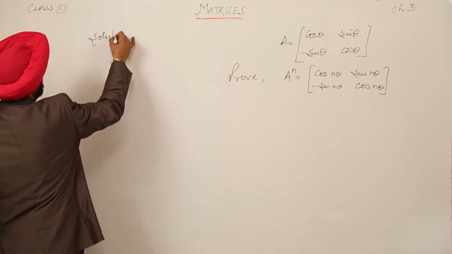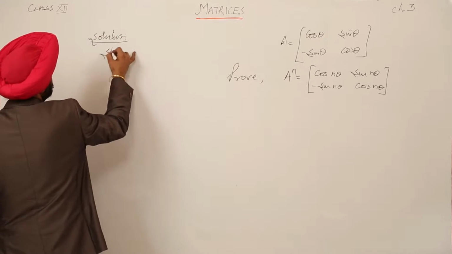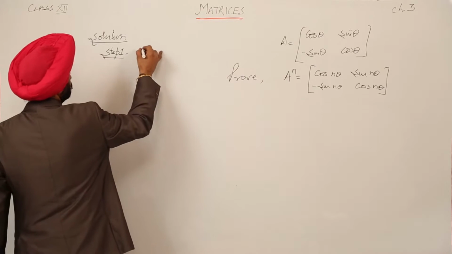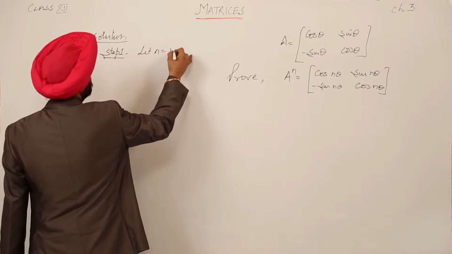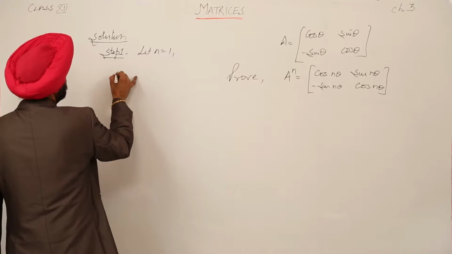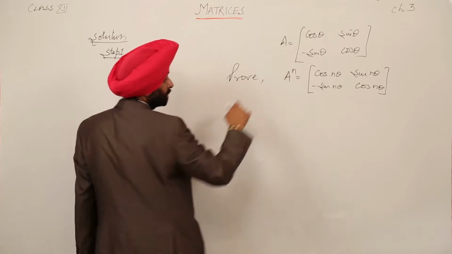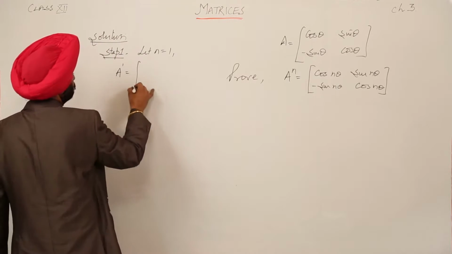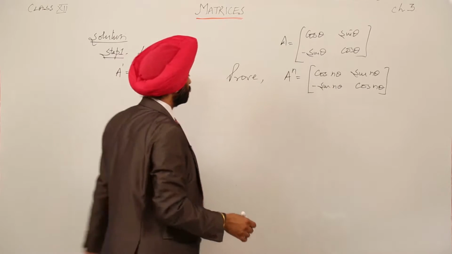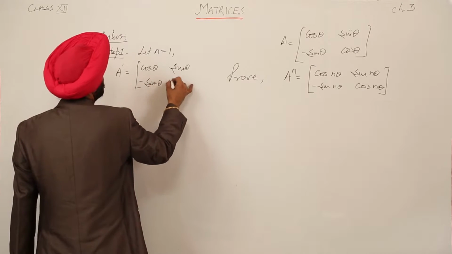Solution. Step 1. Now, step 1 is what? Let n is equal to 1. This we are putting, let n is equal to 1. Now, A^1 is equal to, A^1 means A raised to power n. A^1 is equal to now cos theta, putting n is equal to 1 here, cos theta sin theta, minus sin theta cos theta.